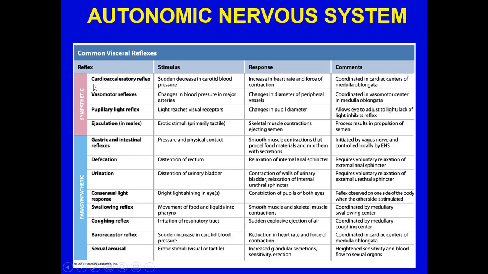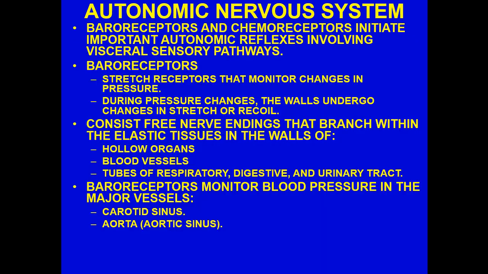Meanwhile, on the sympathetic side, we've got cardioacceleratory reflex, vasomotor reflex, pupil light reflex, and ejaculation in males. Well, here's the comments. It's just to give you a general idea that these reflexes exist. They reflect both sympathetic and parasympathetic, and yet they interact with either the ENS or the CNS in different ways.